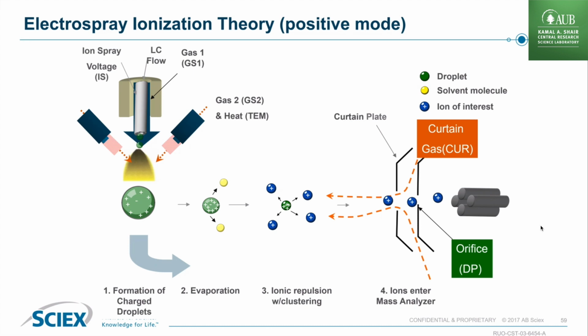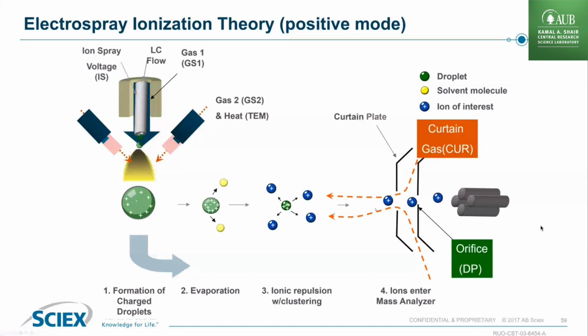Now here it's steps 1, 2, 3, 4. That's just to explain to you how it's working. This is a continuous process, a continuum. So there's more solvent entering, there's more droplets behind, the droplets are evaporating, the charge explosion is happening, the ions are ejected.